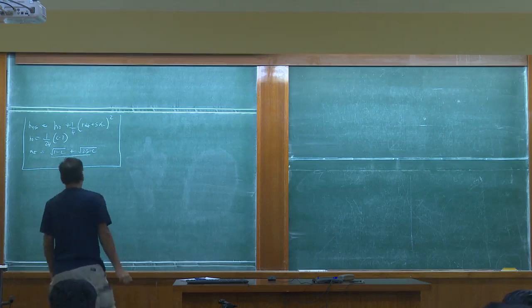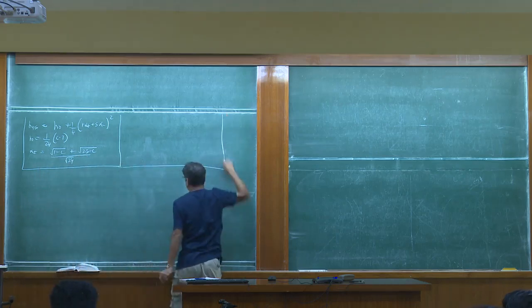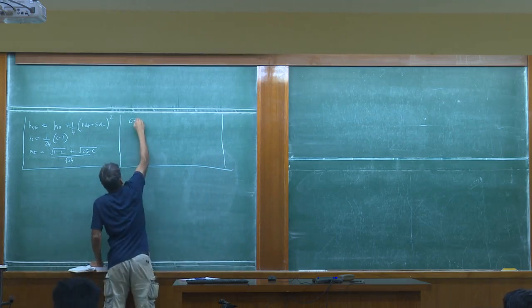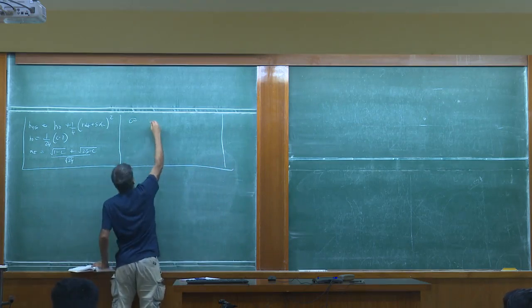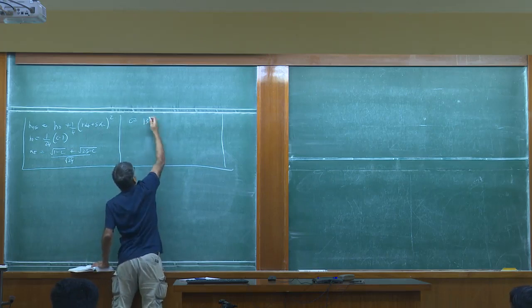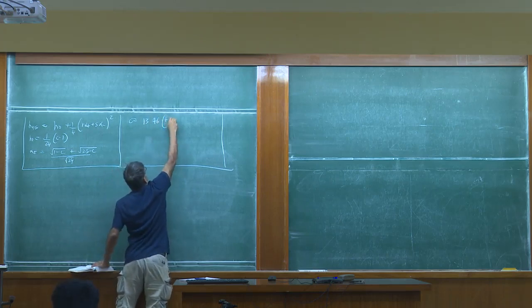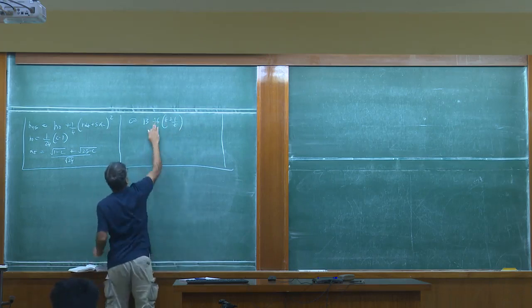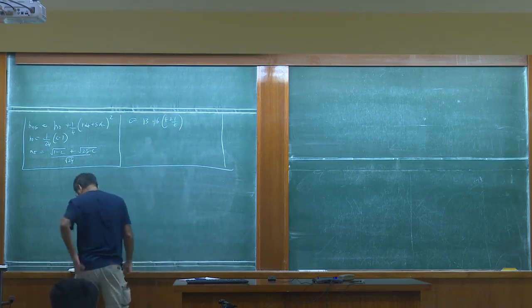And then we had two other forms. The first one was when we parameterized C is equal to 13 into plus 6 into (T plus 1 by T) minus 6 into (T plus 1 by T).